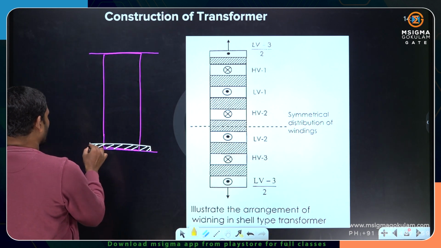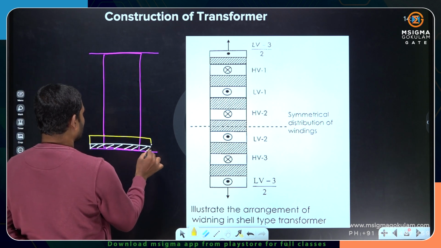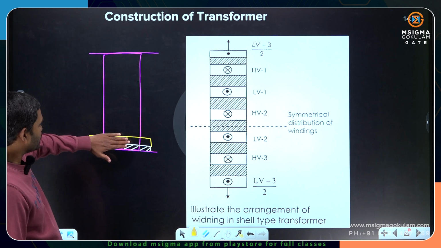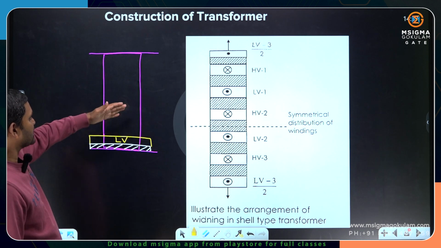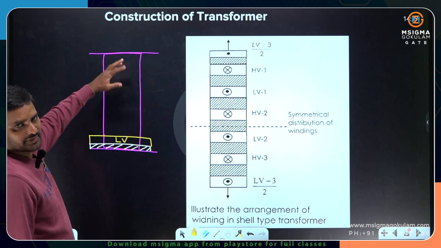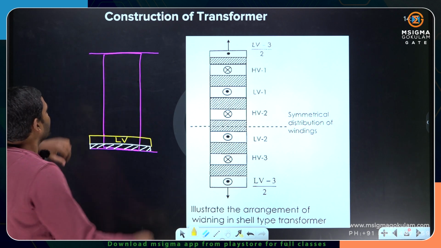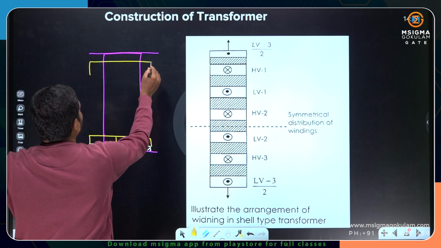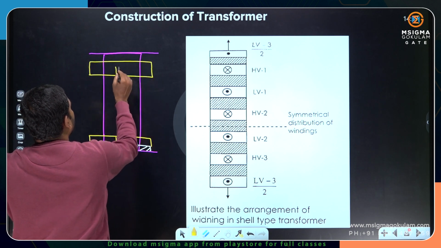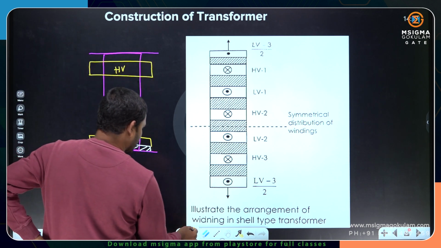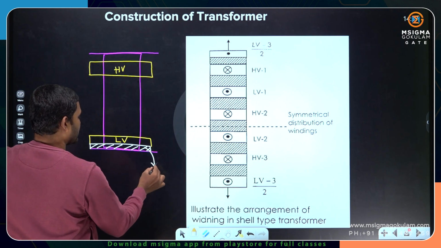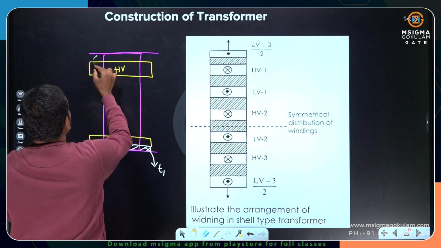I am placing the low voltage winding. This is LV. After LV you need to place insulation and then HV. LV, HV, of course with insulation in between. If I end with the high voltage winding, then the thickness of insulation required here is going to be T1 and here it is going to be T2.